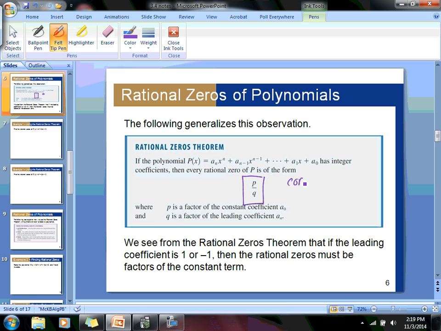So it's basically your constant factors over the leading coefficient factors. And that gives you a list of all of the possible zeros for a polynomial. And then we want to use that list and synthetic division to help us narrow down our selection and find the actual zeros for a polynomial function.